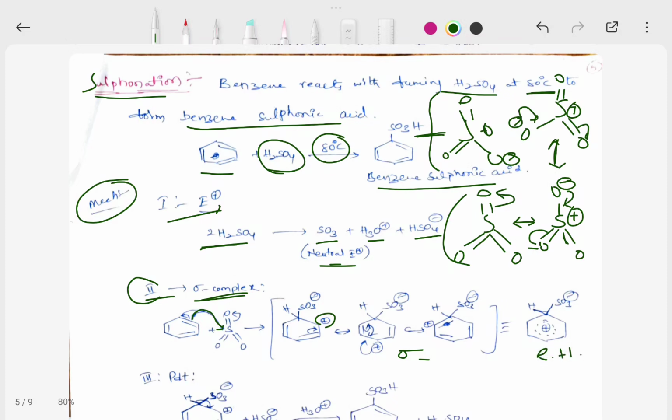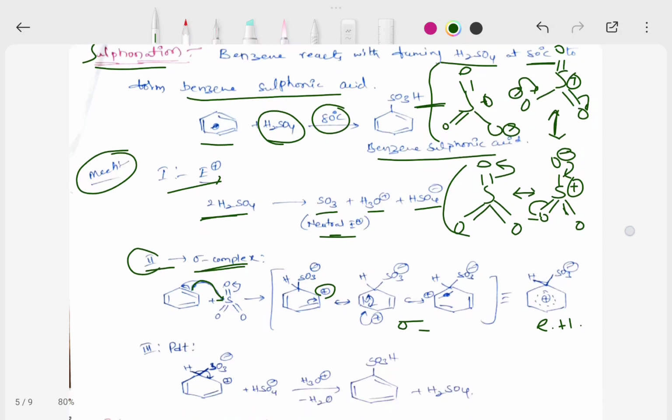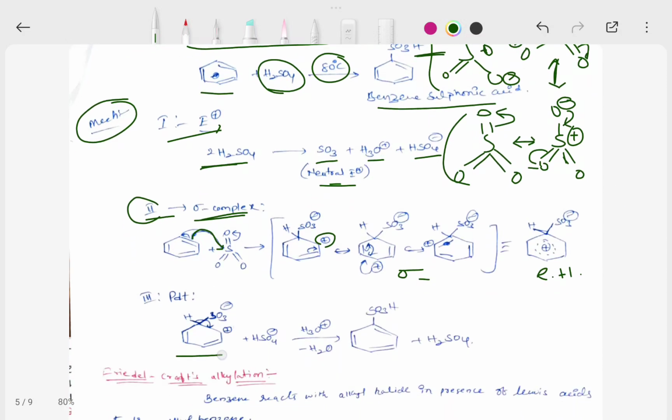Next, product formation: removal of the proton from the carbon where the electrophile is attached. That carbon loses a proton, retains the aromaticity of the benzene ring, and forms benzene sulfonic acid.